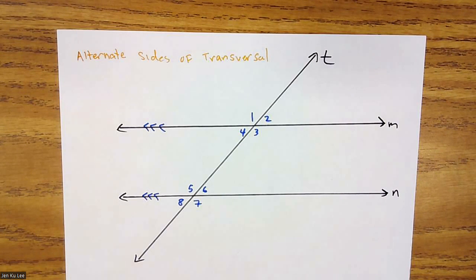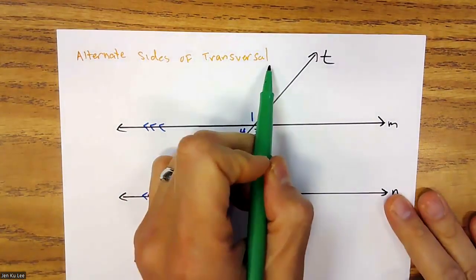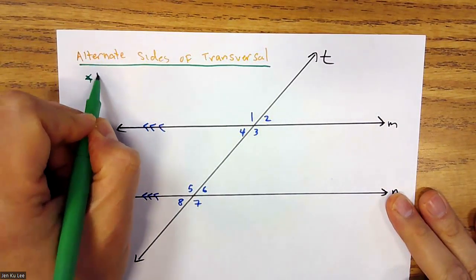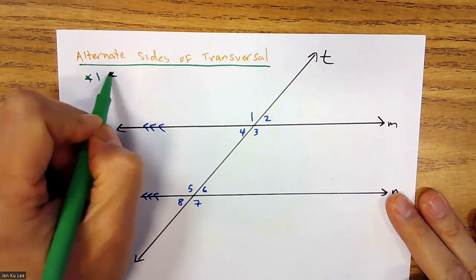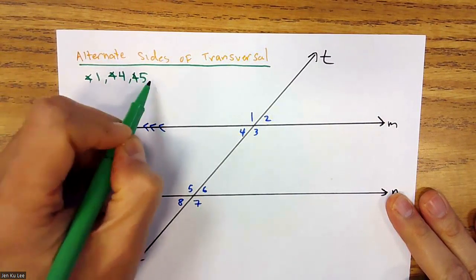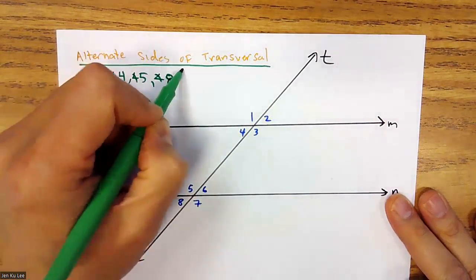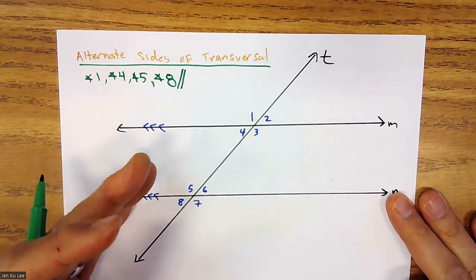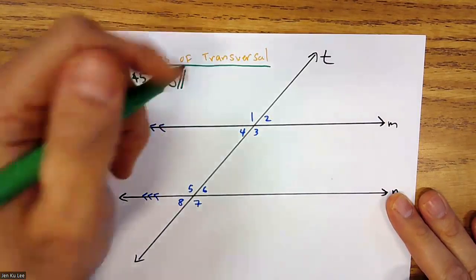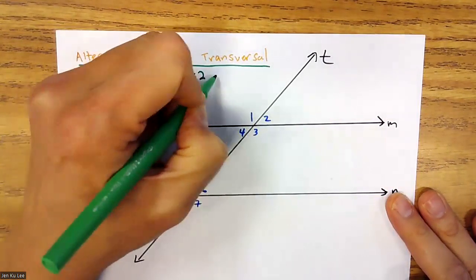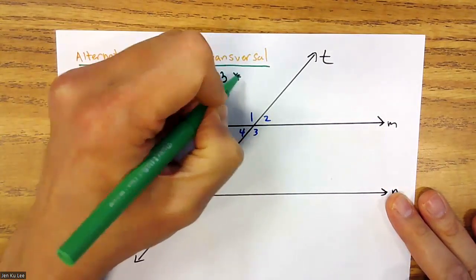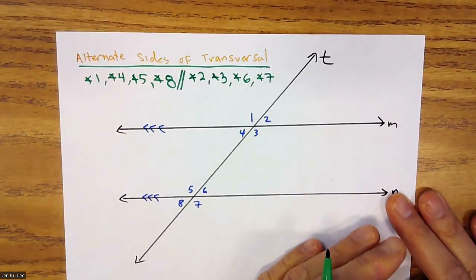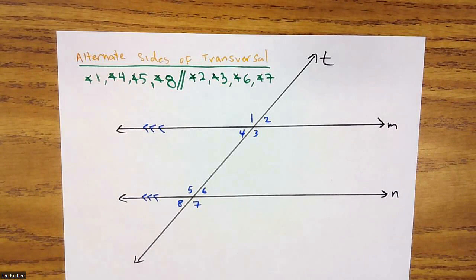You can't really see that, so I'm talking about angle 1, angle 4, angle 5, and angle 8 on one side. 1, 4, 5, 8 are on the left-hand side of this transversal. On the right-hand side of the transversal are angle 2, angle 3, angle 6, and angle 7. So they're on alternating sides of the transversal.